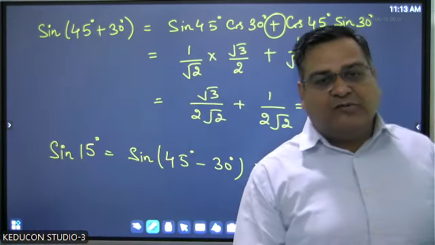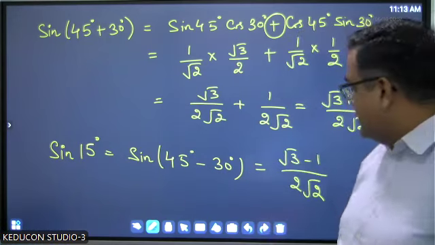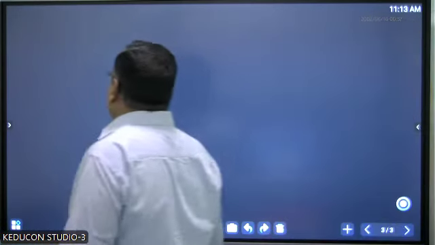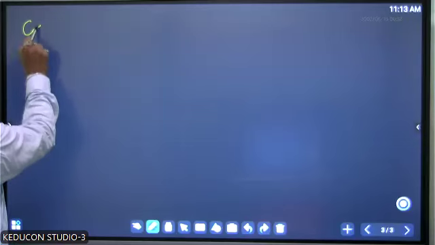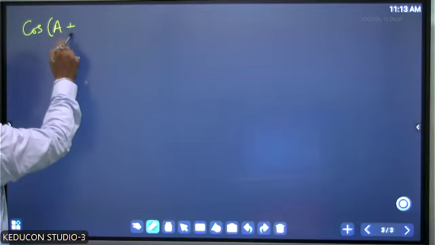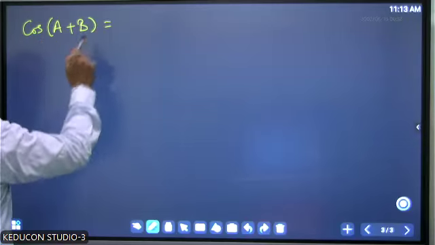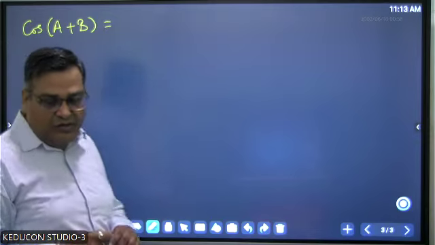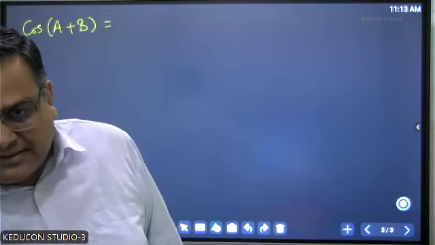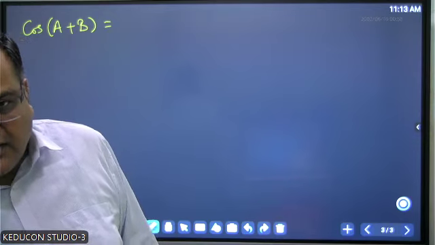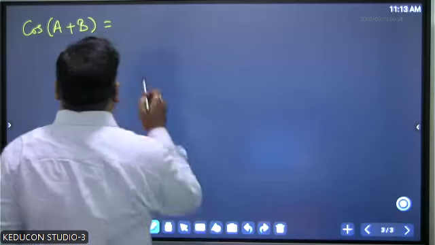Similarly, we have the formula on cos and tan also. Now what is the formula on cos? Cos A plus B. Whenever you write the formula of cos, that is slightly different than the sine formula.